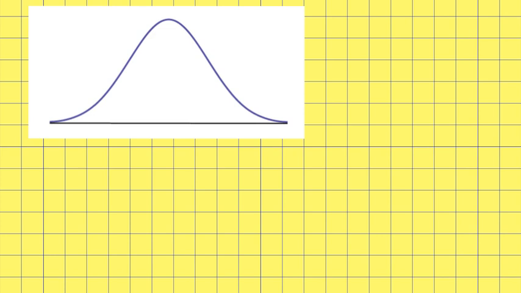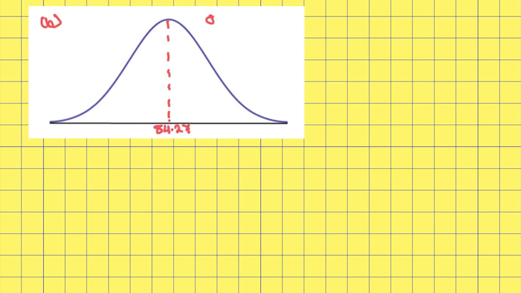B. The probability a randomly selected male weighs less than 66.75 kilograms. So I'll start by drawing my diagram. So I know that the mean is 84.27.